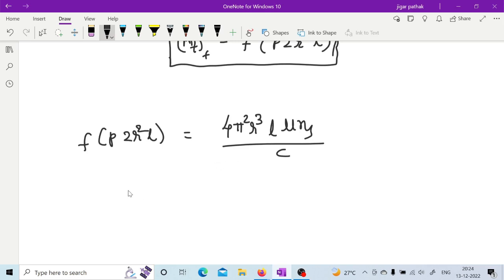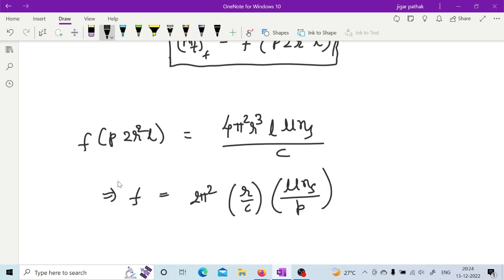So now from this you can write F is equal to 2 pi square R by C into mu n s by P. So this is known as Petrov's equation.